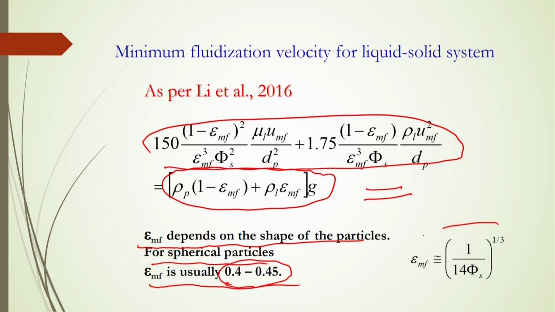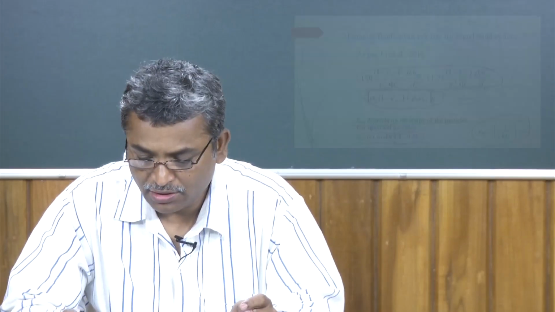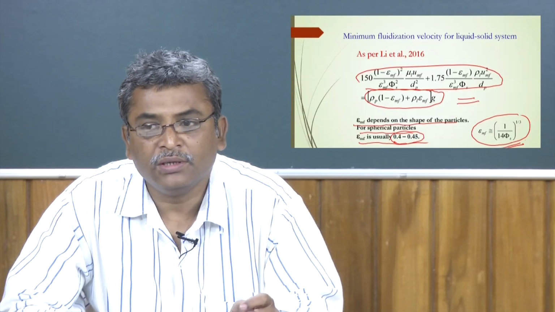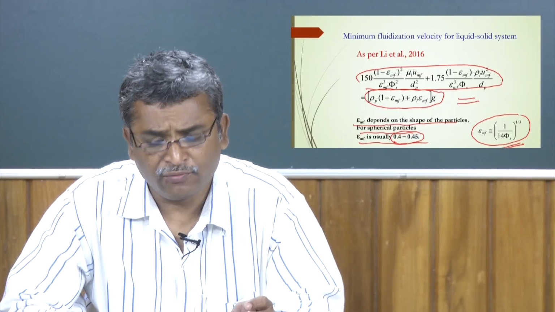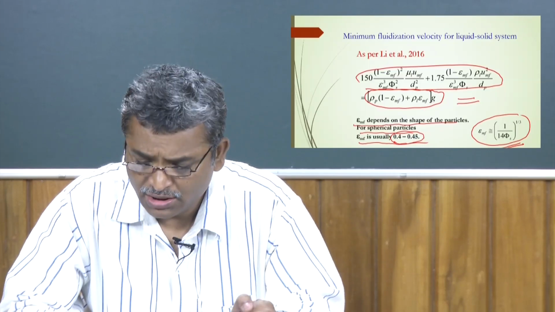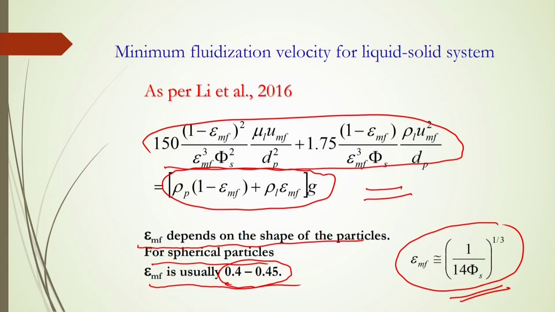Otherwise, you can calculate the minimum voidage from this equation: epsilon mf is almost equal to 1 by 14 into phi s to the power 1 by 3, where phi s is nothing but the sphericity. So, for non-spherical particles, you can calculate the minimum voidage from this equation. After getting this minimum voidage, you have to substitute it in this equation and calculate the minimum velocity just by solving this equation.